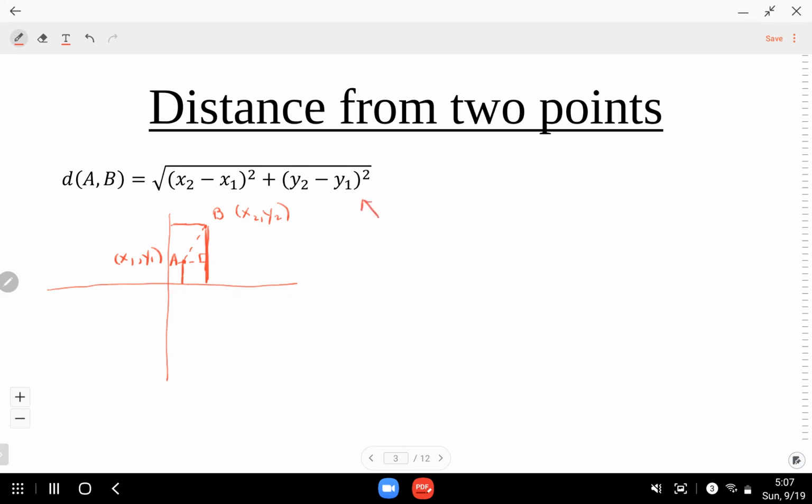The distance of A to B is equal to the square root of x2 minus x1 squared plus y2 minus y1 squared. And we obtain this formula from the Pythagorean theorem, which states that a squared plus b squared equals c squared, meaning that the square root of a squared plus b squared would equal c. All right. So that is how we obtain our formula here.